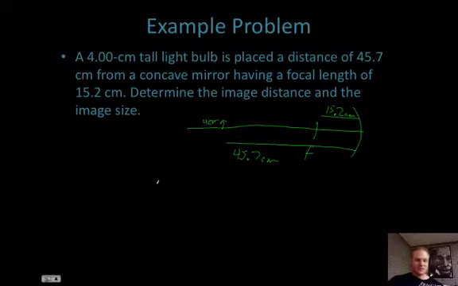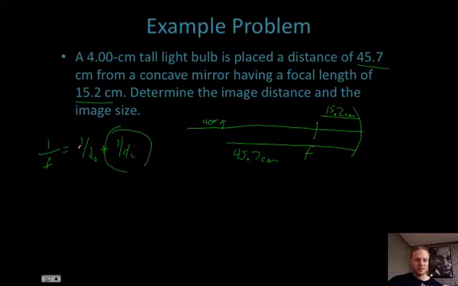The first thing I'm going to do is find the image distance, so I'll be using the mirror equation, 1 over f equals 1 over do plus 1 over di. I know the focal length is 15.2 centimeters, and I know the distance of the object is 45.7 centimeters. So I'm going to try to get this term by itself, bringing 1 over do to the left-hand side of the equation.